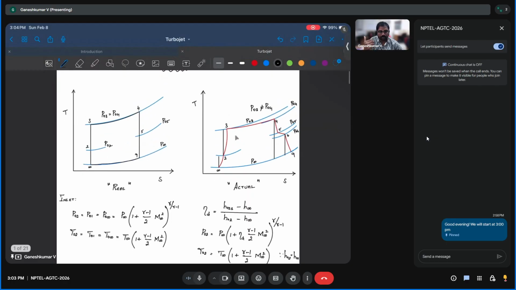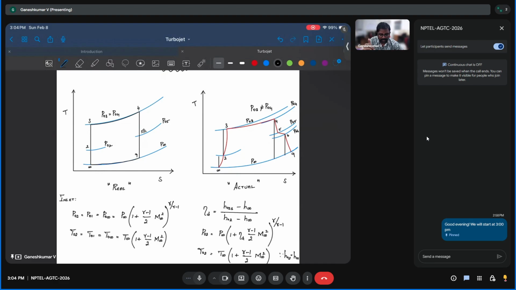And if you want to plot these thermodynamic processes in a T-S graph, this is how an ideal graph would look. Initially you have an isentropic compression, which includes both inlet and the compressor, and then a constant pressure heat addition from 3 to 4.